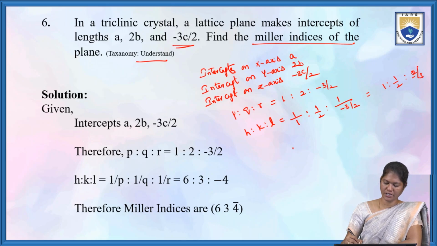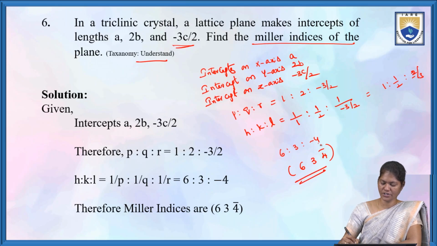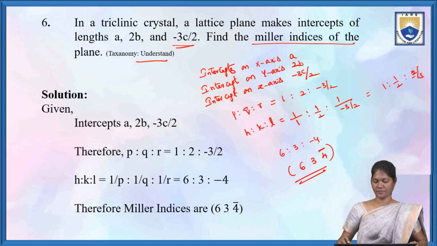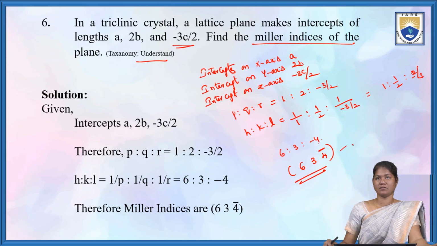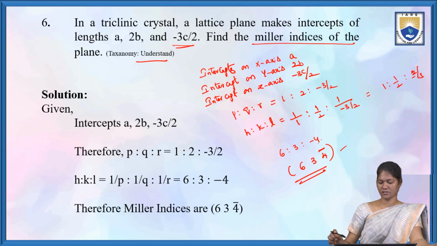So we can write this as 6, 3, -4. Keep it in closed brackets. For the negative, we have to write the bar in the Miller indices. So (6 3 4 bar) is the Miller indices of this triclinic crystal.